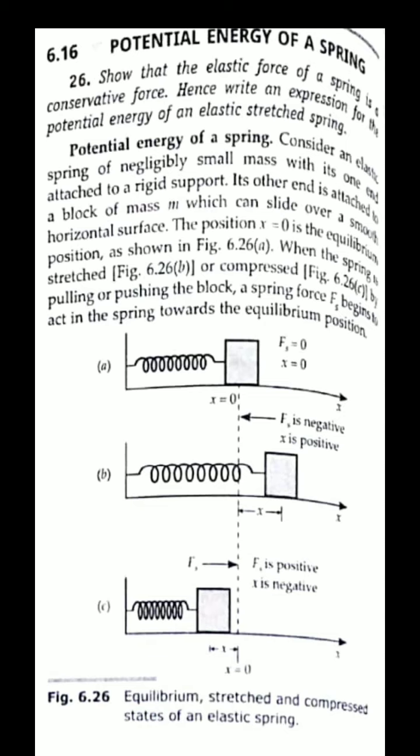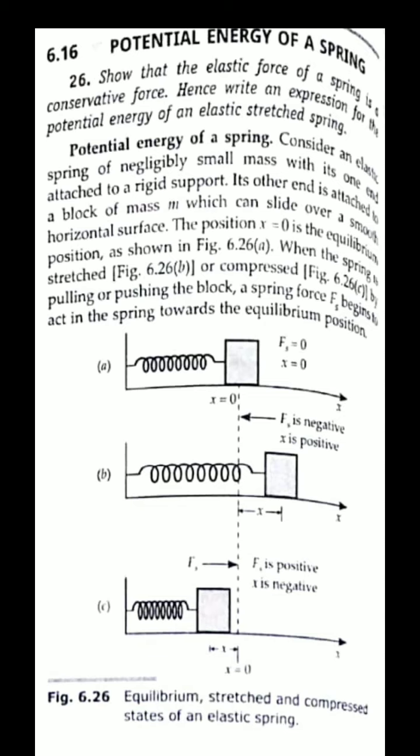By pulling or pushing the block, we apply a force, and the spring force Fs begins to act in the spring towards the equilibrium position. In the second figure, if we stretch the spring with that object, it will be displaced a certain distance, that is x. x is in the positive direction towards the right side, so x is positive.